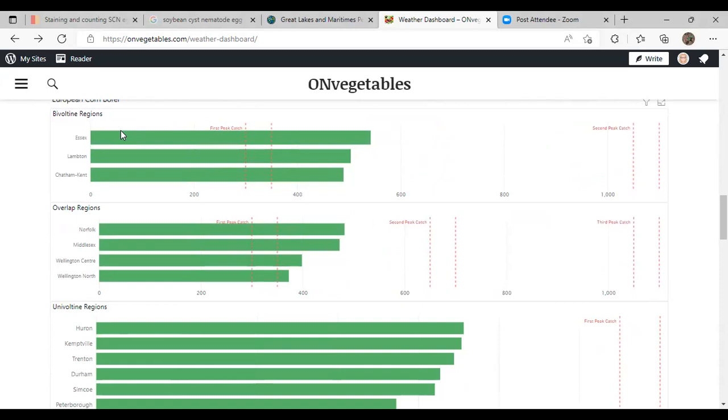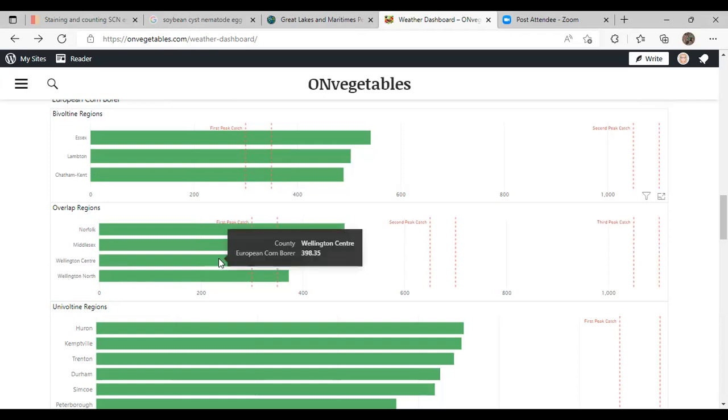So I can see here that on July 2nd, 2021, in the bivoltine region, I had already passed peak catch. So I'm past peak catch, and this is really the time that I want to be out there monitoring fields for signs of damage in those bivoltine areas of Essex, Lambton, Kent, and then also in that overlap region where that first generation has occurred, Norfolk, Middlesex, Wellington.